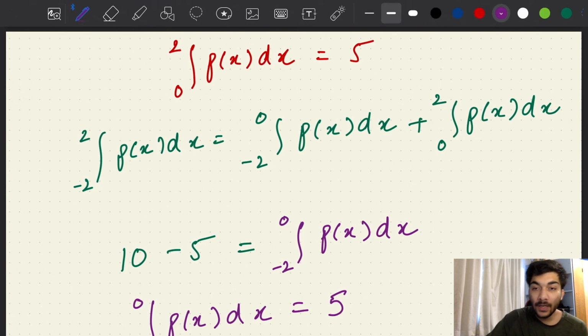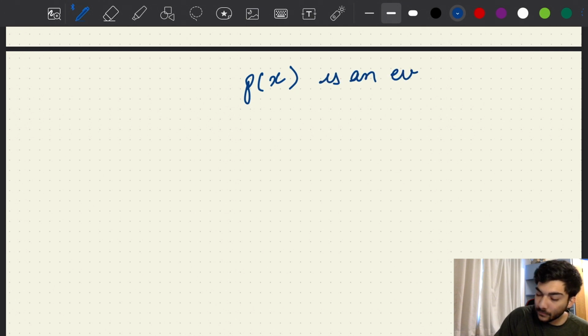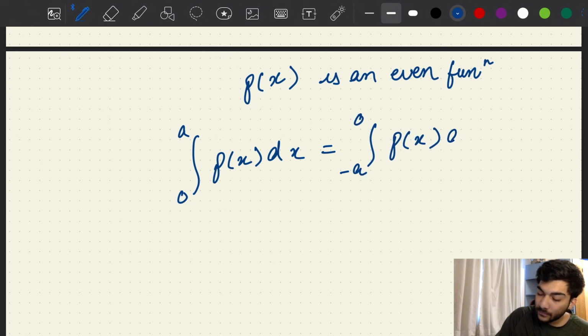If I write it down clearly, whenever your f(x) is an even function, your definite integral from 0 to a is equal to the definite integral from -a to 0. You can always use this property to simplify your definite integrals and evaluate them easily.